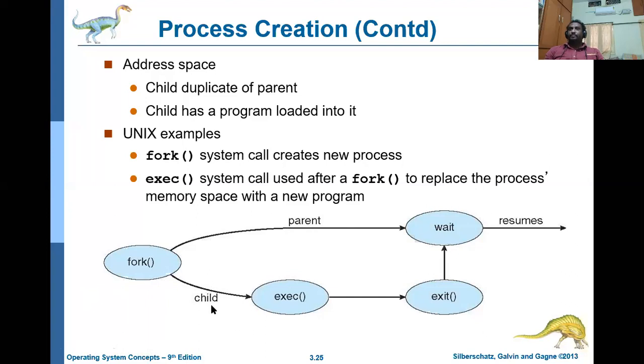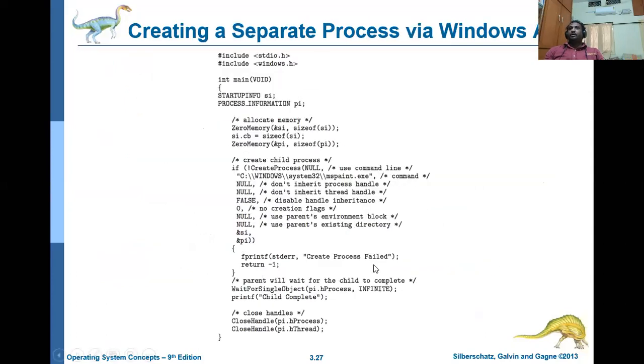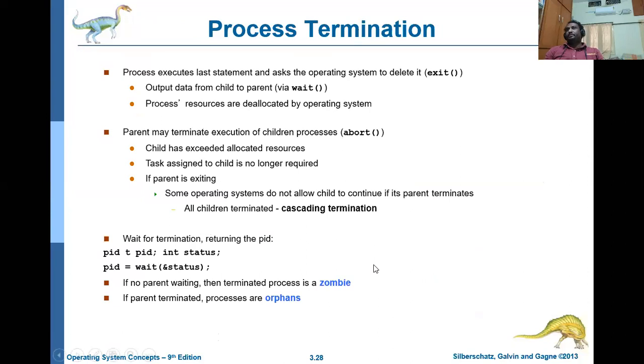For the child process to execute, we are using the function exec, which is used after fork to replace the memory of a process. Then once it is executed, it is going to exit, that is terminate. Once the child process is terminated, the parent process will continue its execution. Clear? This is a sample I shared with you later.